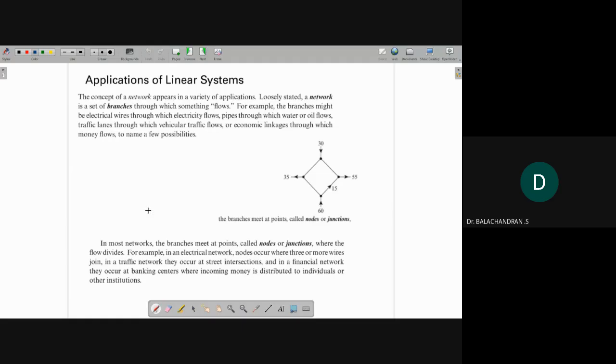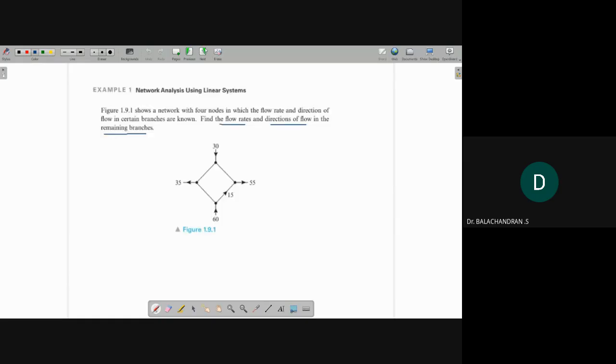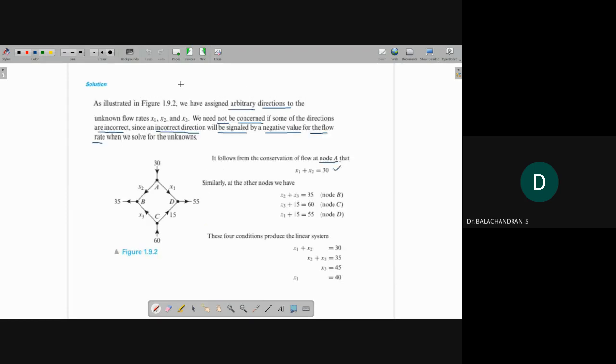Next, this is an application of linear systems, the traffic flow. I gave some introductions here, so please go through it. This is network analysis using linear systems. Now I'll go directly to the problem.